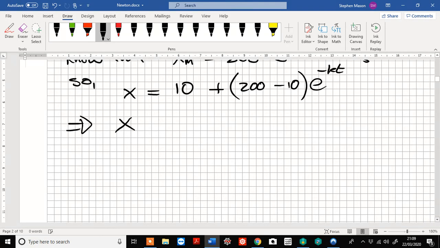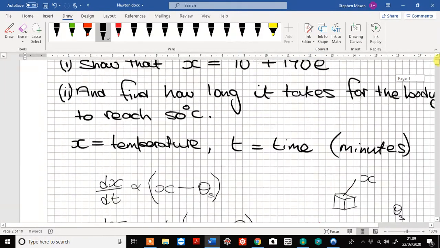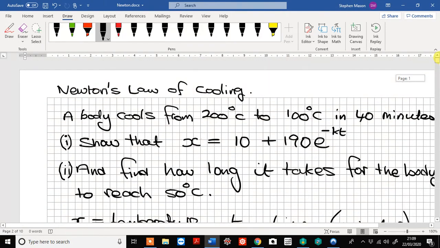So the temperature at any time t, x is equal to 10 plus 190 e to the minus kt. Now, that proves the first equation that we had here.